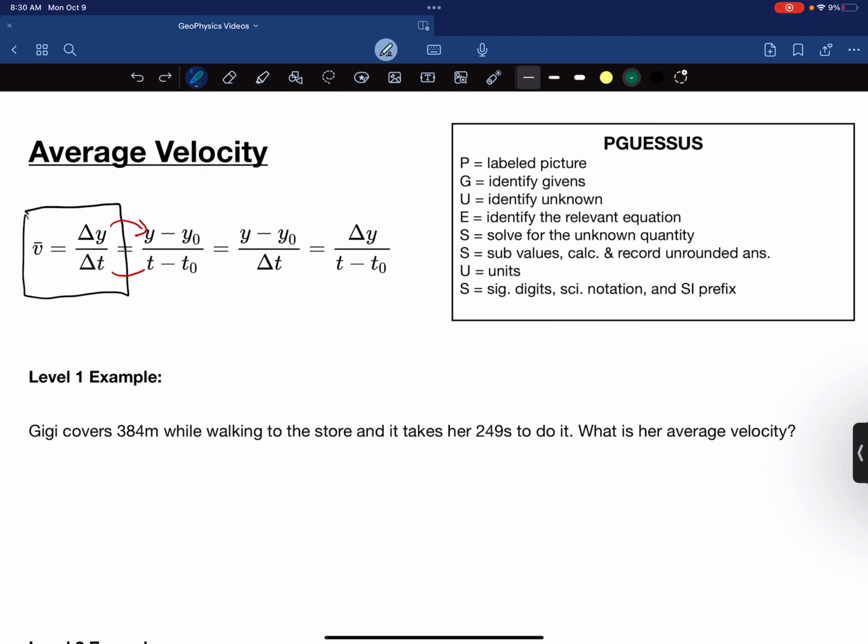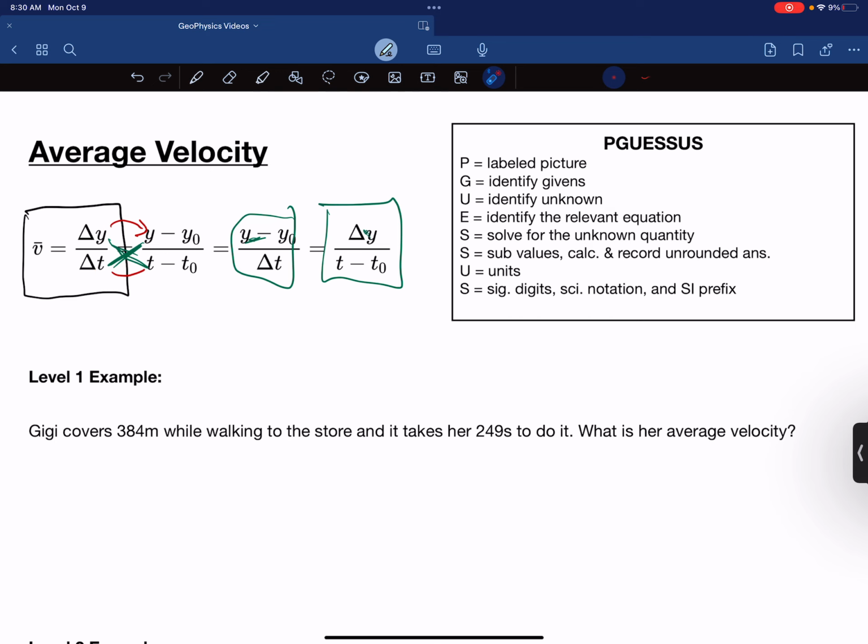We can take this and combine it with the denominator to give us this equation, or we could take the numerator, delta y, and combine it with the denominator over here to give us this version. So there are four different ways we could look at this formula, all coming from the basic definition of average velocity, which is always true, and the more specific expression of change in position and change in time.